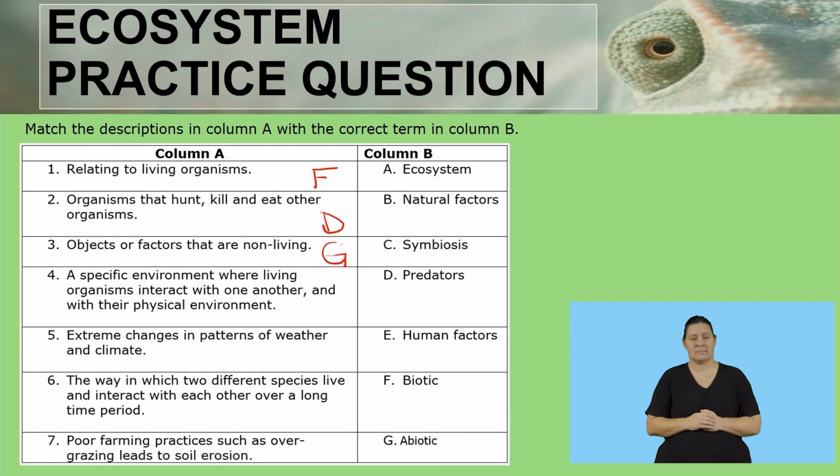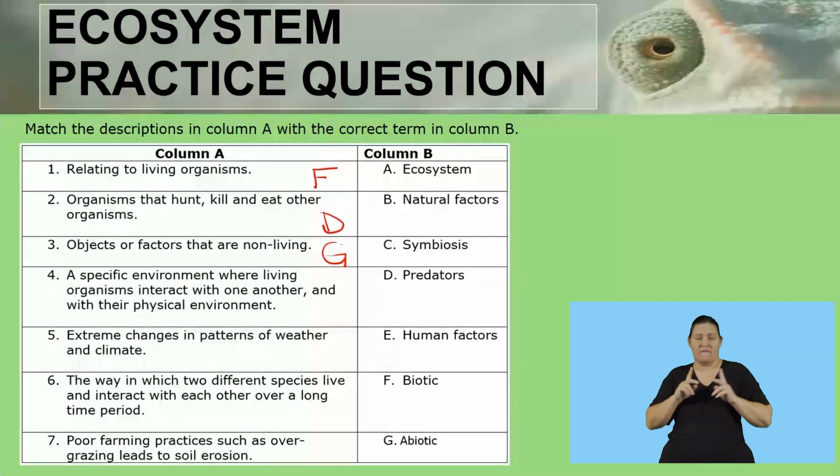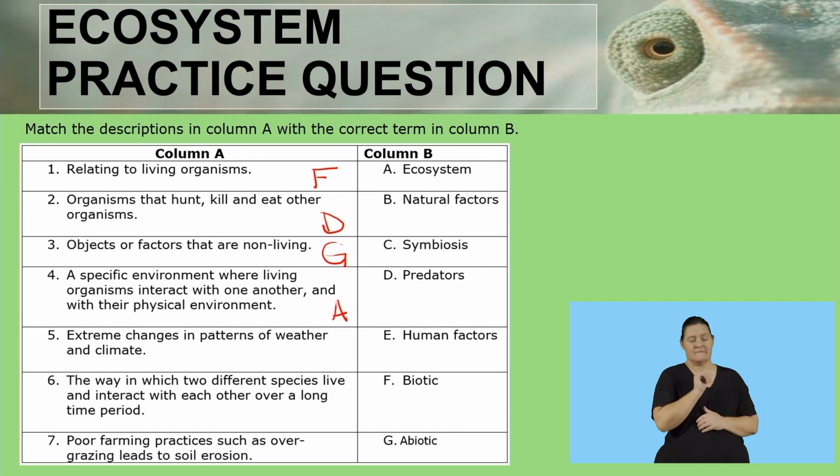Then number 4 says a specific environment where living organisms interact with one another and with their physical environment. If you go to B, you would notice that our answer is A, ecosystem. Number 5 is extreme changes in patterns of weather and climate.